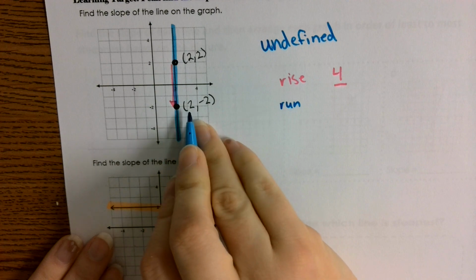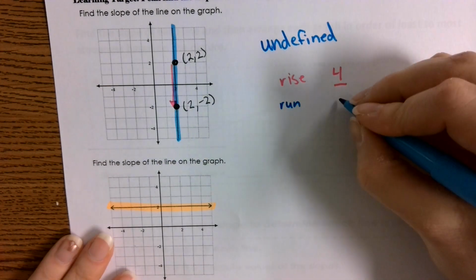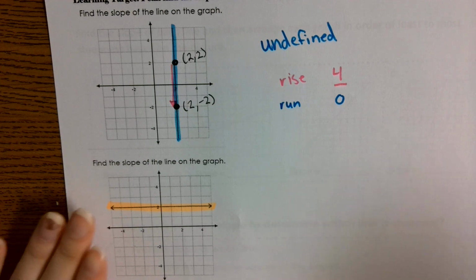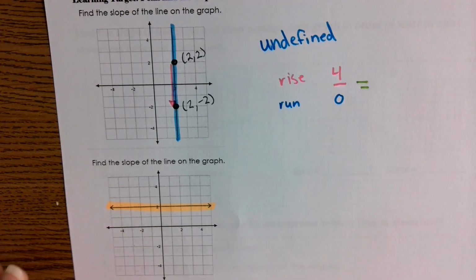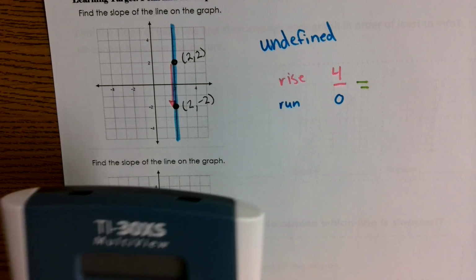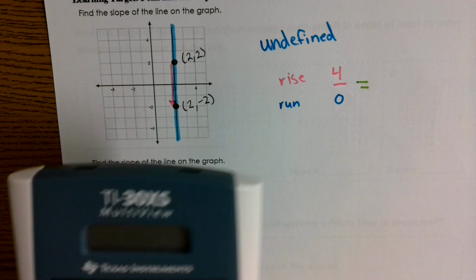but its run is nothing. There is no run. The run is 0. We are not moving left. We are not moving right. So the run happens to be 0. Type in your calculators right now a fraction 4 over 0 and hit equals. What do you get?